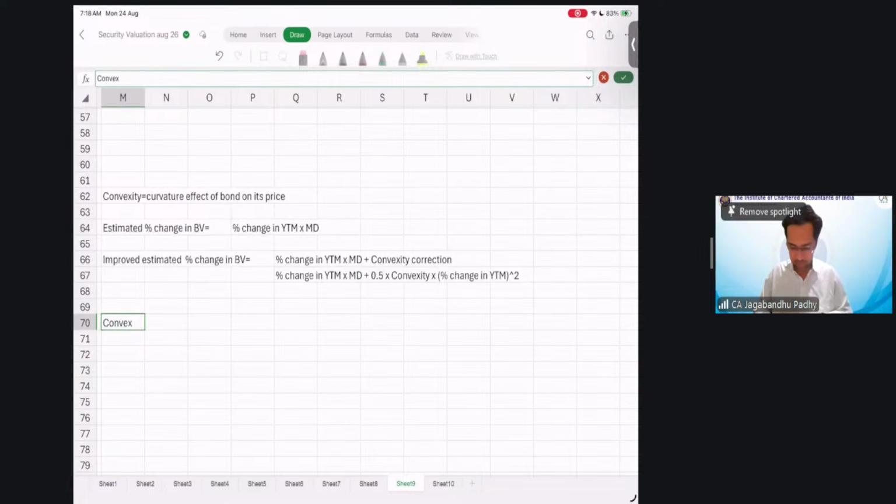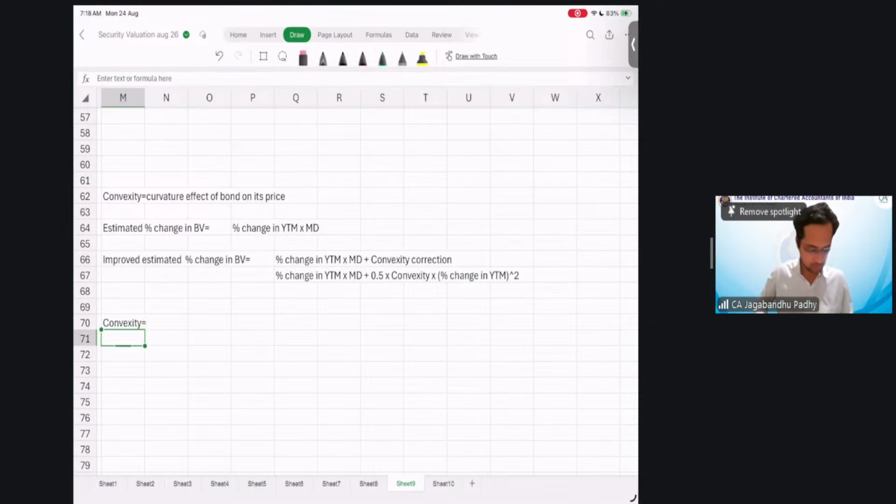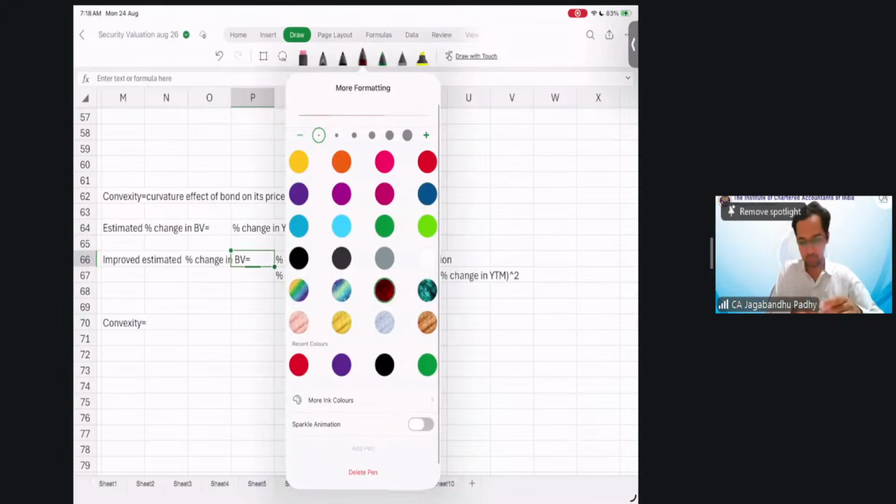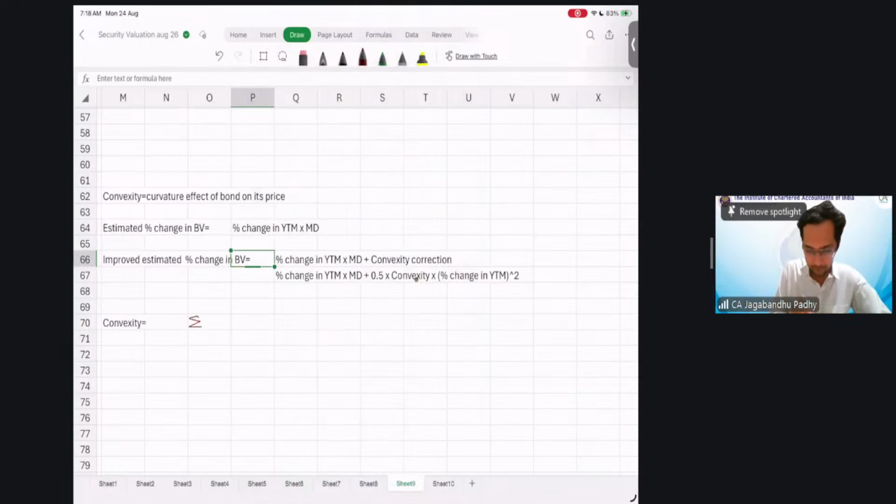So convexity is calculated by taking the summation of PV into T into (T plus 1), where T is denoting the time.